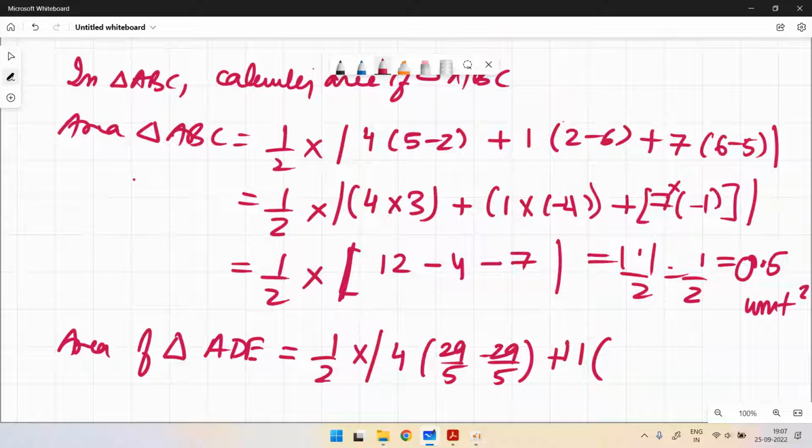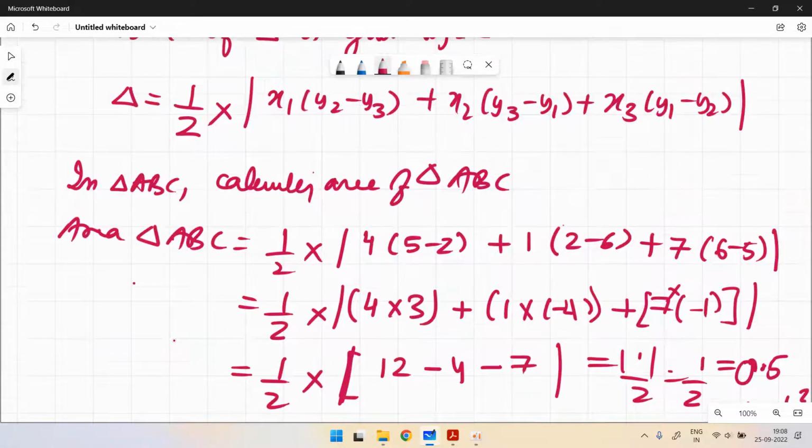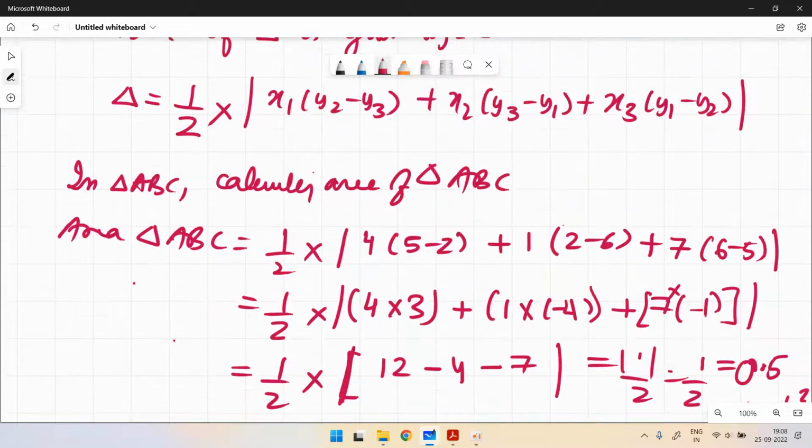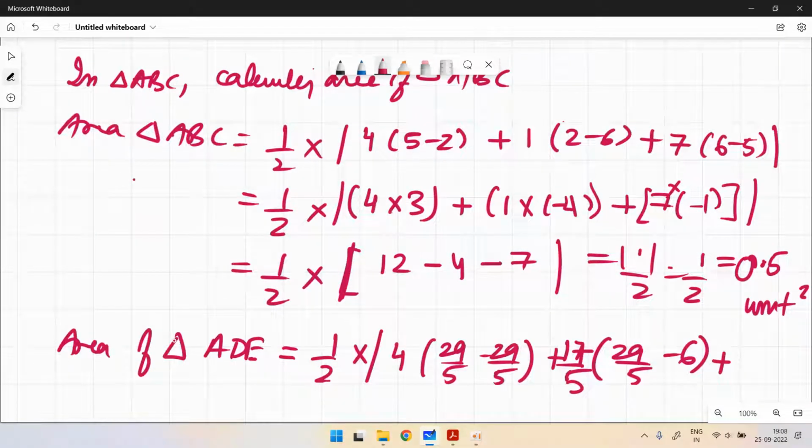This is 17 by 5, 29 by 5 minus 6, and this is plus, and next is 23 by 5, 6 minus this. This is 23 by 5, and this is 6 minus 29 by 5.